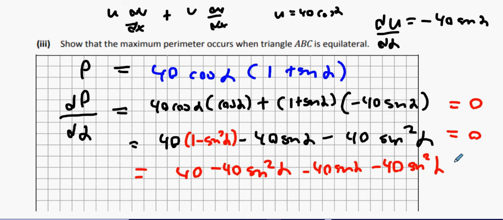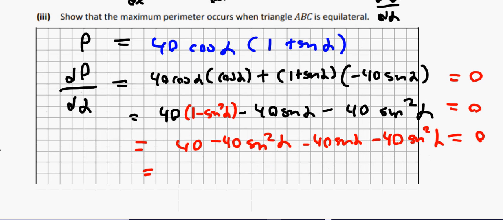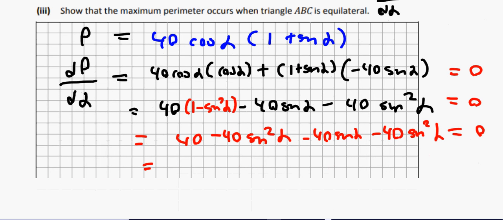Alright, divide everything by 40. In fact, divide everything by minus 40. And that'll be minus 80 sine squared alpha divided by minus 40, and you get 2 sine squared alpha. Divide the minus 40 sine alpha by minus 40, and you get plus sine alpha.